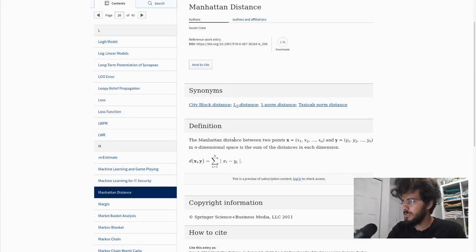So here you have it. It's the sum starting from i equals 1 till n, which is the number of dimensions for this vector and this other vector. And basically what you're doing is comparing each dimension one by one, taking the difference, and then the absolute value, so that if one was bigger than the other, it doesn't matter.